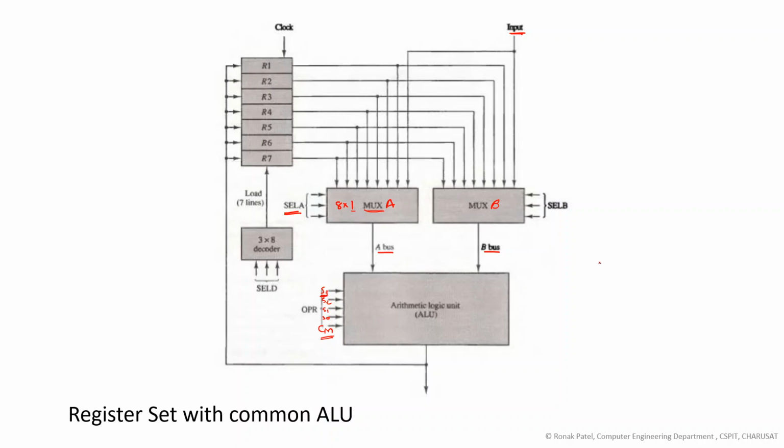Now S3 and S2 are used to select between arithmetic, logic, shift left or shift right: 0 0, 0 1, 1 0, and 1 1. This is for shift, this is for arithmetic, and this is for logic, right?